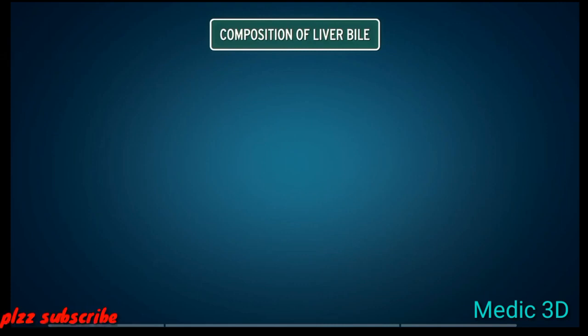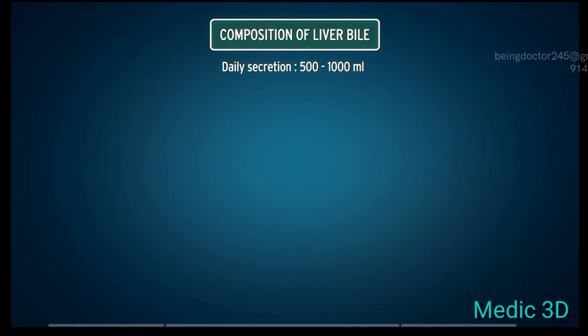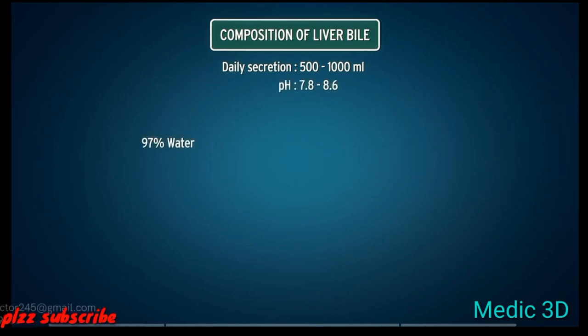Composition of liver bile. Daily secretion: 500 to 1000 ml, transparent alkaline fluid, light golden yellow in color, pH 7.8 to 8.6, isosmotic with plasma. Water 97%.